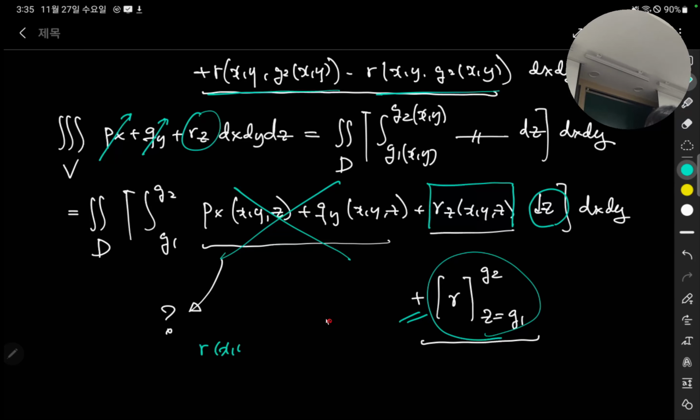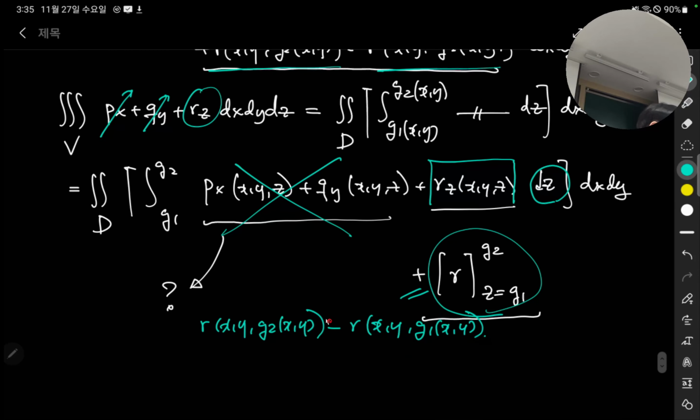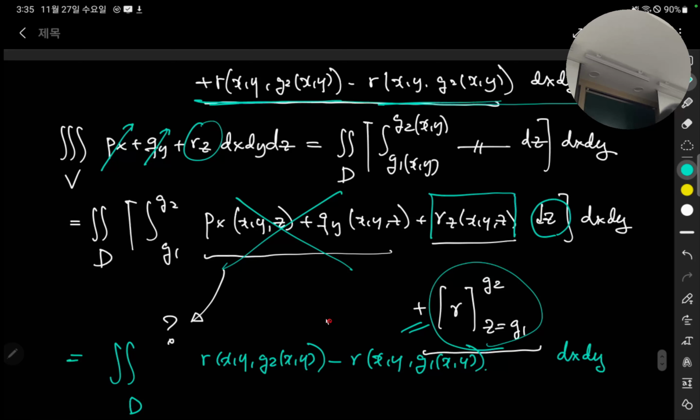So it's the same as integrating this function over dx dy, which is exactly the same as our previous conclusion from the surface integration part. So when you do the surface integration, you get exactly the same conclusion from the triple integration.